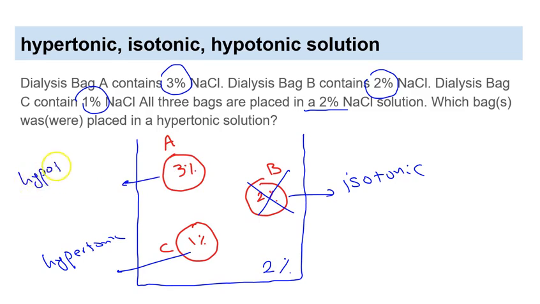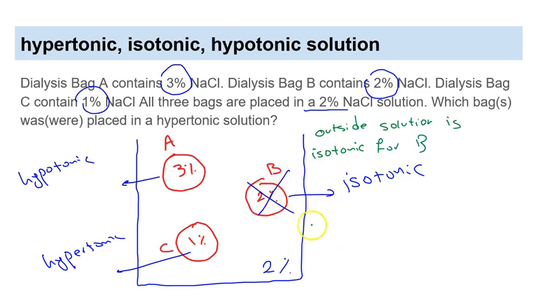It's a little bit confusing, but let me do this. Just know that the outside solution is isotonic for bag B, right? Which is obvious.